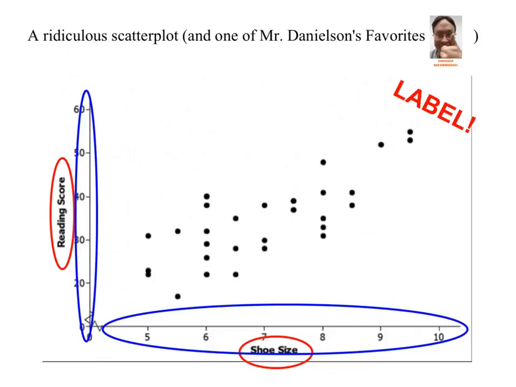This is one of my fake studies, and I title it A Ridiculous Scatter Plot. I just want to talk first of all about the way we label graphs like this. The explanatory variable goes on the x-axis. I'm going to put an E here.